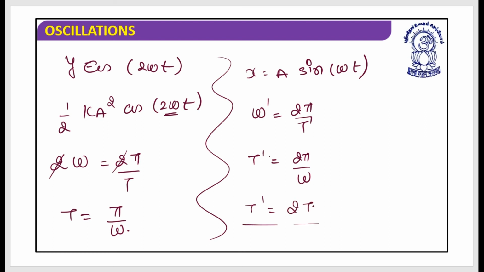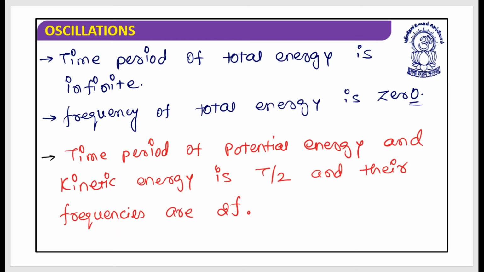Or I should say T is equal to T dash by 2, as that is what we have discussed: the time period of potential energy or kinetic energy is T by 2, and their frequencies are 2f. So do you understand?